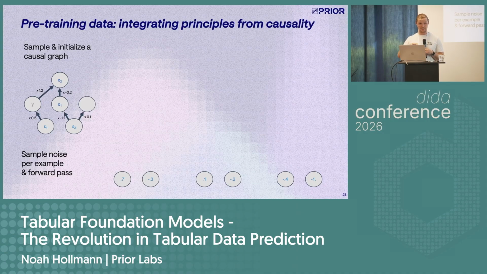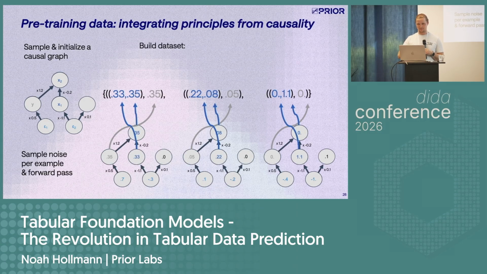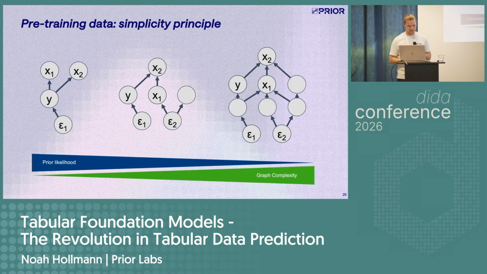We take a different initialization of this graph and we pass this initialization through the graph. We read off the features and the labels, and we would here, for example, have these 3 different rows of our dataset. If it's classification, we just take the outputs and we apply some kind of discretization to the output as well. And then we get the resulting synthetic dataset.